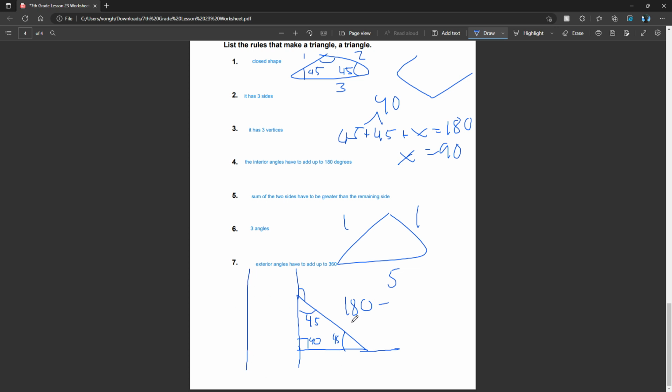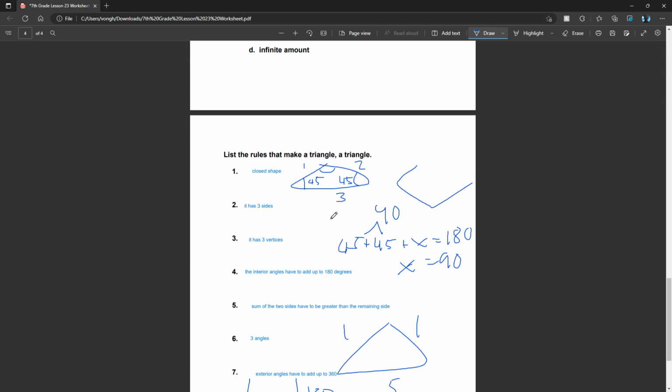So you do 180 minus 45, and that equals 135. Since this is 45, it's also going to be 135 here. And then you do 180 minus 90, that's also going to be 90 here. So if we add up all of them, 135 times 2 plus 90, you should get 360. And yeah, you do. So these are the rules, make sure you know them.